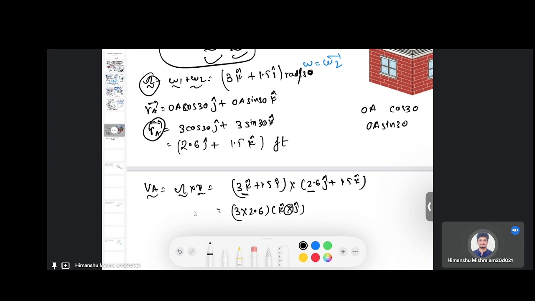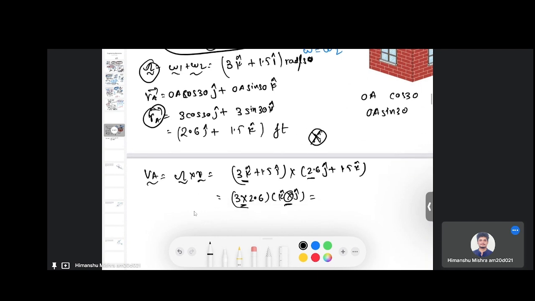To avoid the confusion between the multiply sign and the cross product sign, here I am writing the cross product with this notation. This will give me 7.8 magnitude, and k cross j will be minus i.